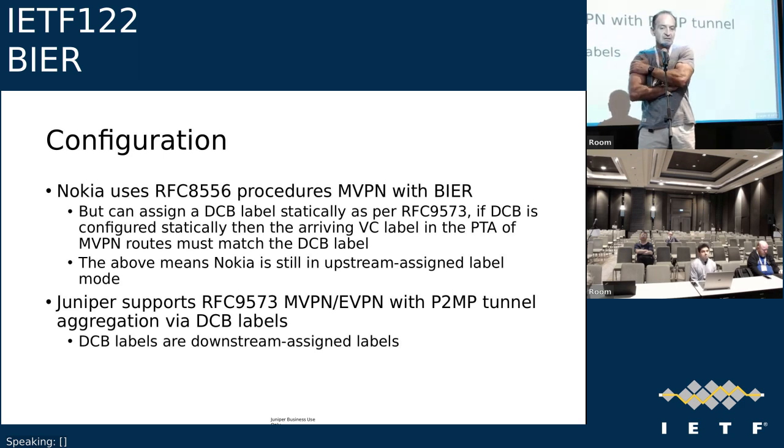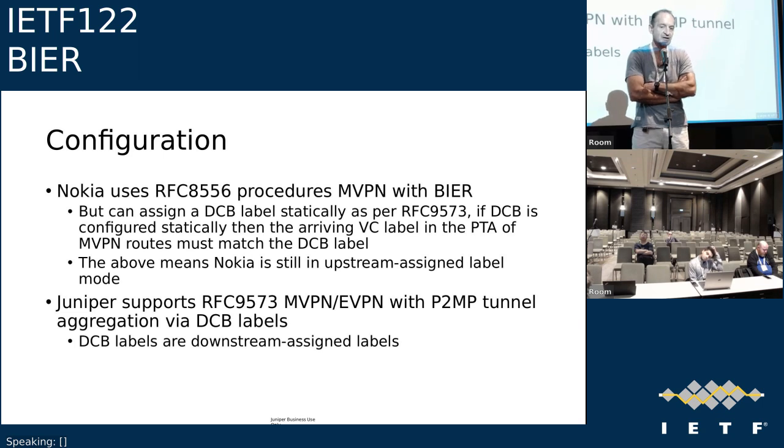Meaning we go under the next generation MVPN service, and we say here's label X that you need to advertise on the PTA with the BGP MVPN address family to the other end. We do not follow that portion of RFC 9573. We do not do the whole shebang in RFC 9573.